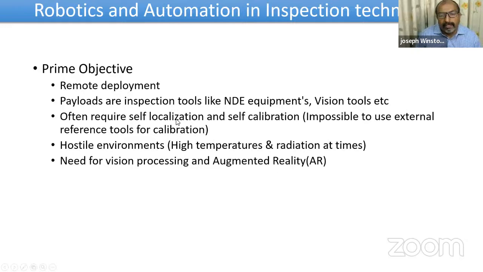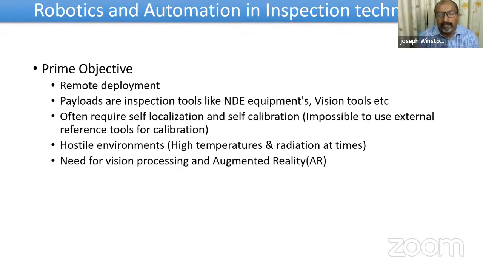And often we require self-localization and self-calibration. This is one of the very important things. Whenever a conventional robotic system is deployed outside, it takes a reference from a known point. Or if the robotic system is going to do a measurement, external laser-based calibration systems are used, or some standard scaling, a multi-dimensional scaling, so that the system can function with ultra-high precision.